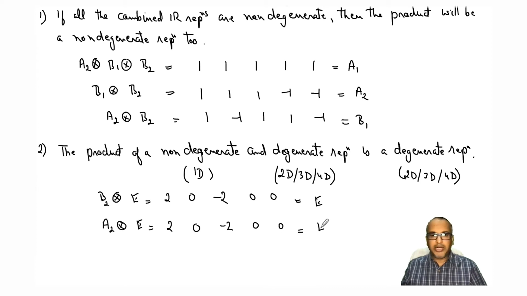So again you are getting E. So irrespective of what you have at this position, because there is only one degenerate representation, you are going to get E degenerate representation back, because the product of a non-degenerate and degenerate is supposed to give you a degenerate representation only. Of course, if you have multiple degenerate representations, then you can get any other.